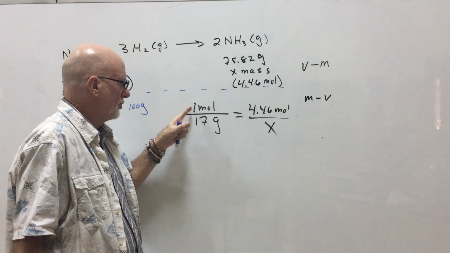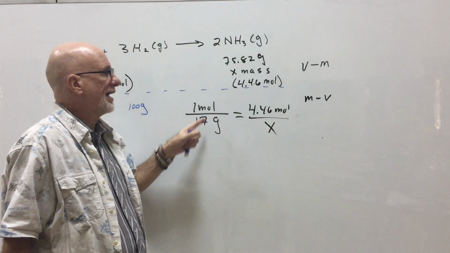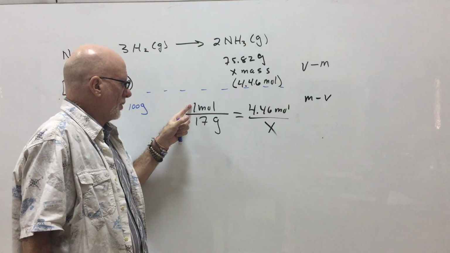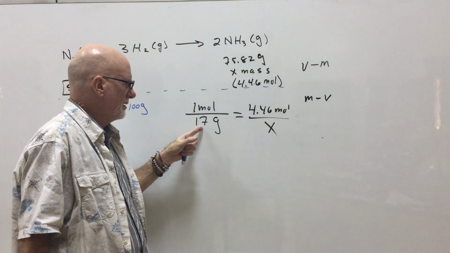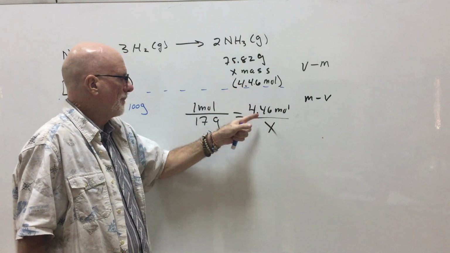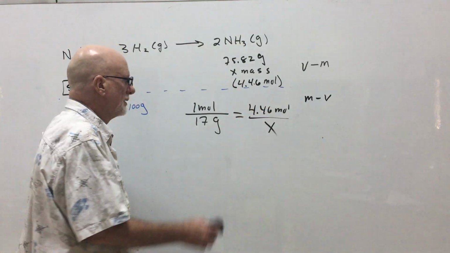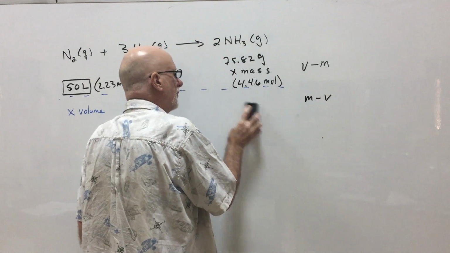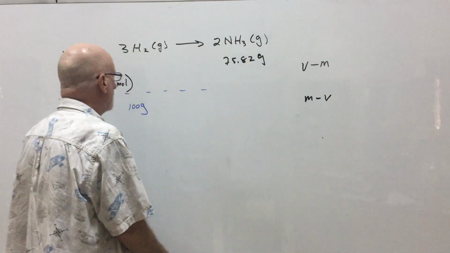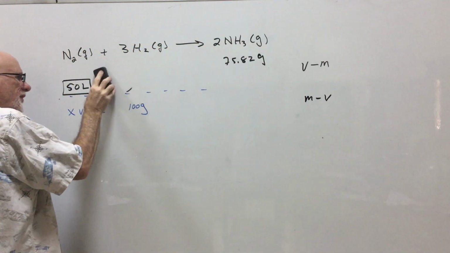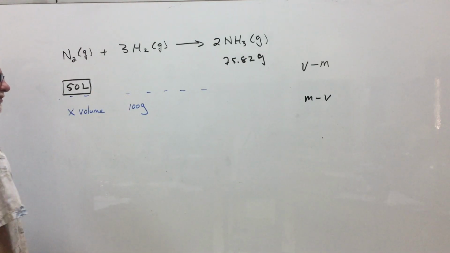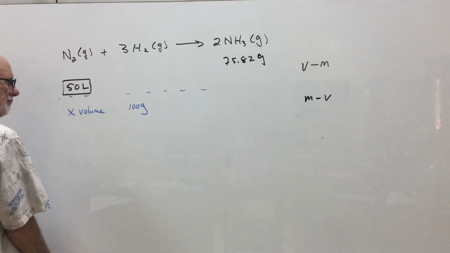You could say 2 over 34 if you like, and that makes you feel better. It's okay, but it's unnecessary. 1 over 17 equals 4.46 over x. And that equals 75.82. Okay? So that's your answer. Clear? So 50 liters is 75.82 grams. Easy? Okay, good.